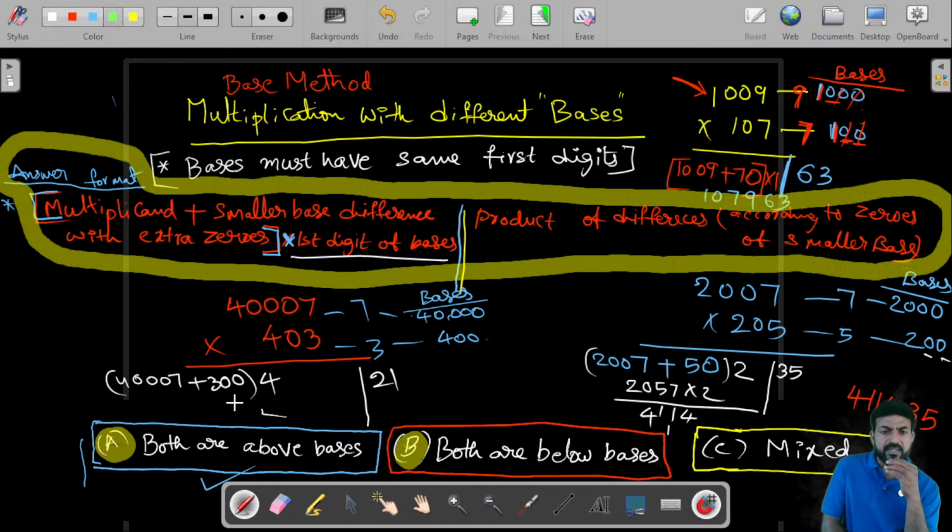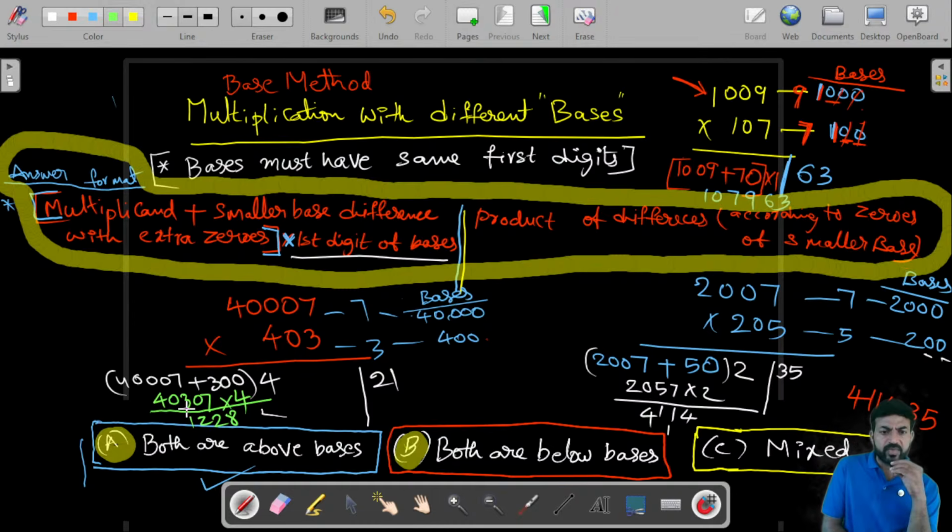Now add this. 40,300 and 40,007. You have to add: 40,307 into 4. 4 7s are 28. 8 here, 2 here, because 4 zeros are 0. 4 3s are 12.